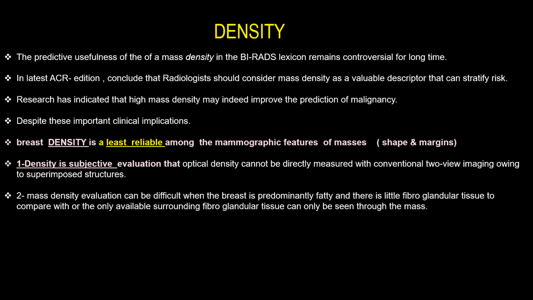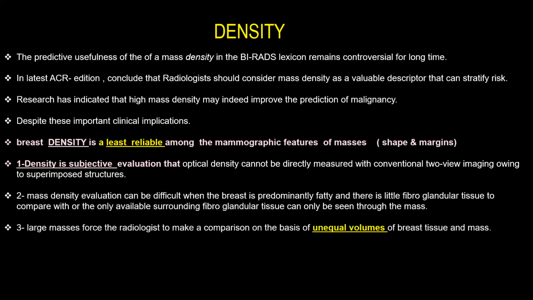Also, if the breast is completely fatty, it will be challenging to measure or to relate to what. Or if you have a minimal or smaller amount of fibroglandular tissue, not equal to the mass, it will be difficult, or the remaining fibroglandular tissue is just superimposed by the mass. All these are challenging in relating the mass density to the adjacent fibroglandular parenchyma.